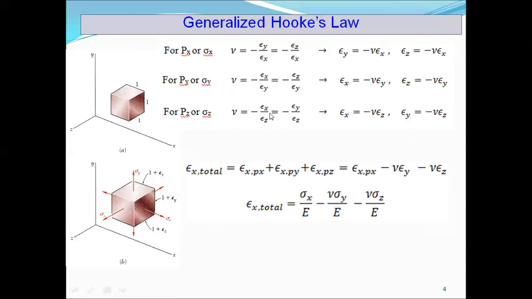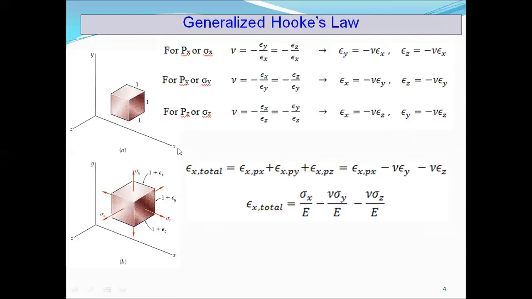Here the axial strain is epsilon z, and the lateral strains are epsilon x and epsilon y. So from there, epsilon x would be equal to minus mu epsilon z, and epsilon y is equal to minus mu epsilon z.